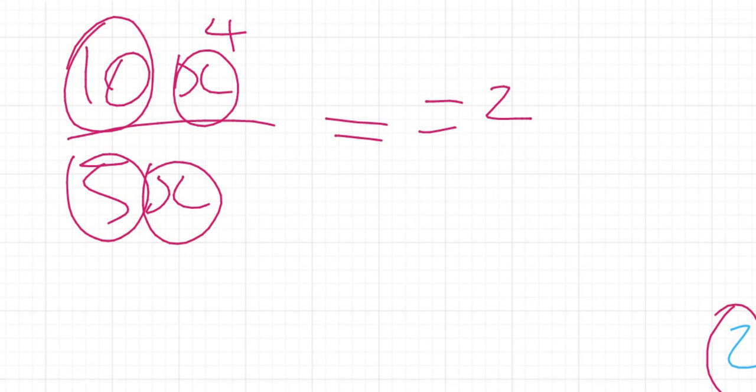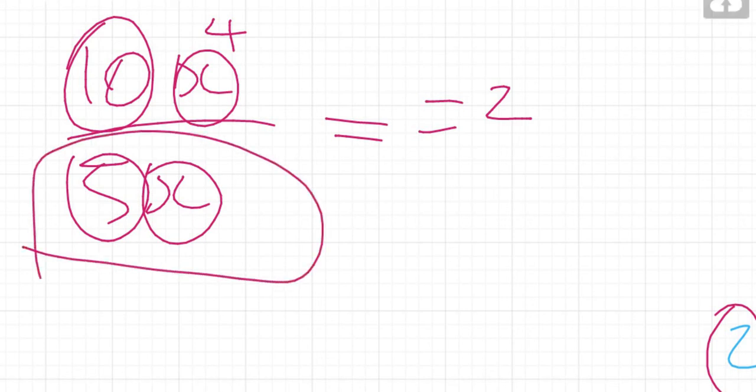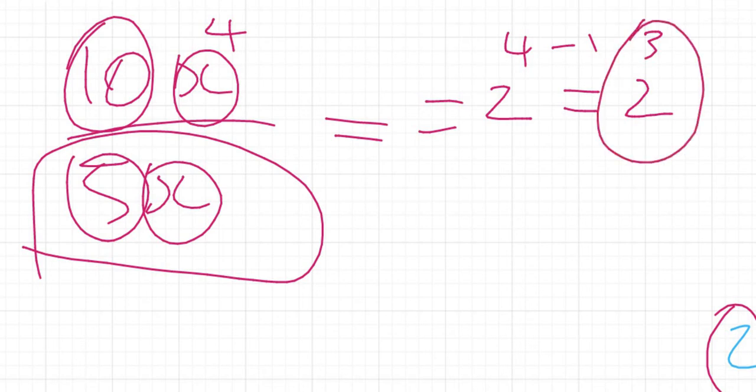But this term has an exponent of 1, so we have 4 minus 1, which gives 2 raised to the 3rd. It could be left this way since we're dealing with exponents, but if we were to simplify, this would give us 8. And 8 is the same thing as 2 raised to the power of 3 in exponent form.